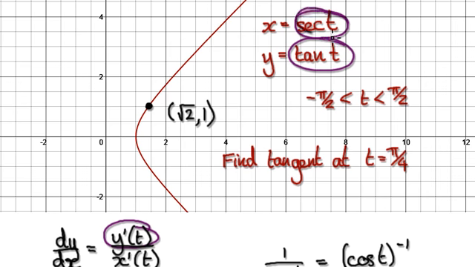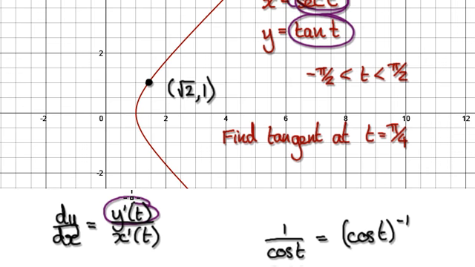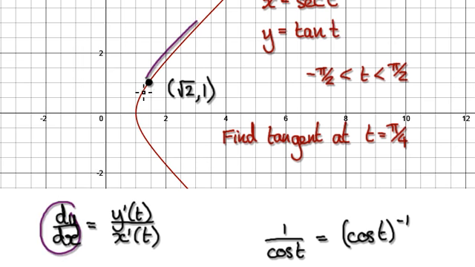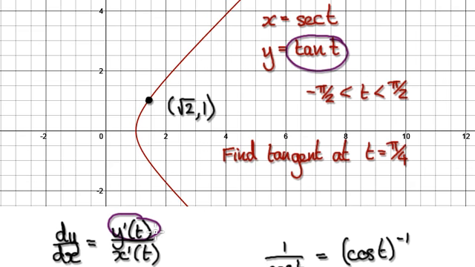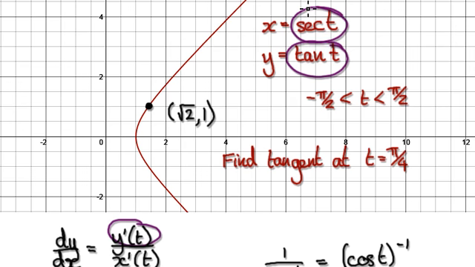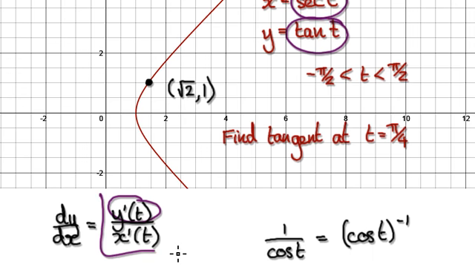So to find dy by dx of that tangent line, the gradient at this particular point is given by this. Differentiate this, then differentiate this, and then you have yourself dy by dx.